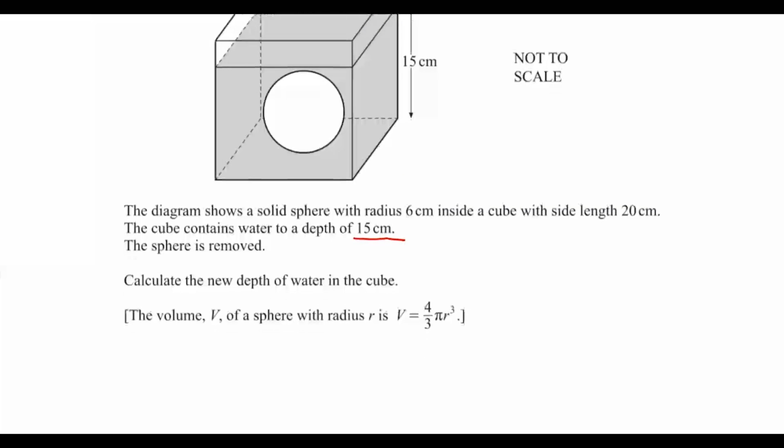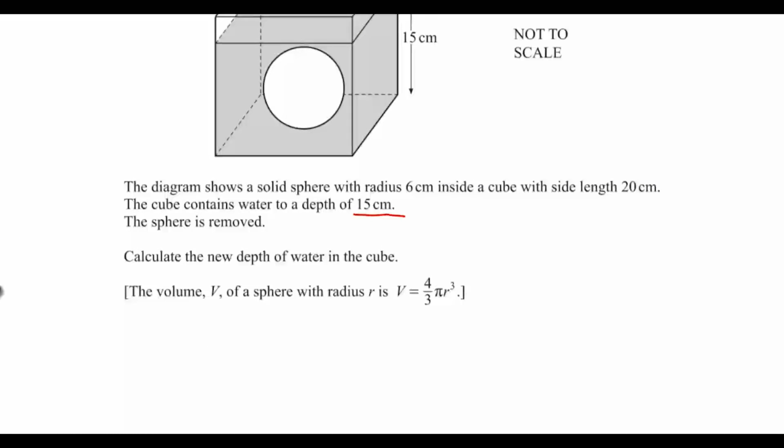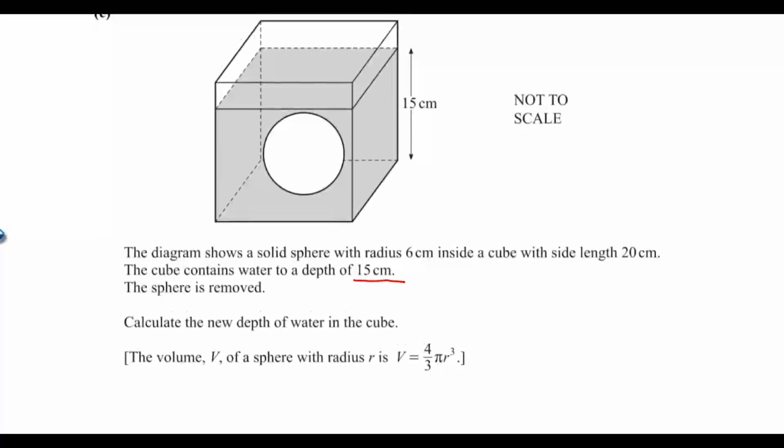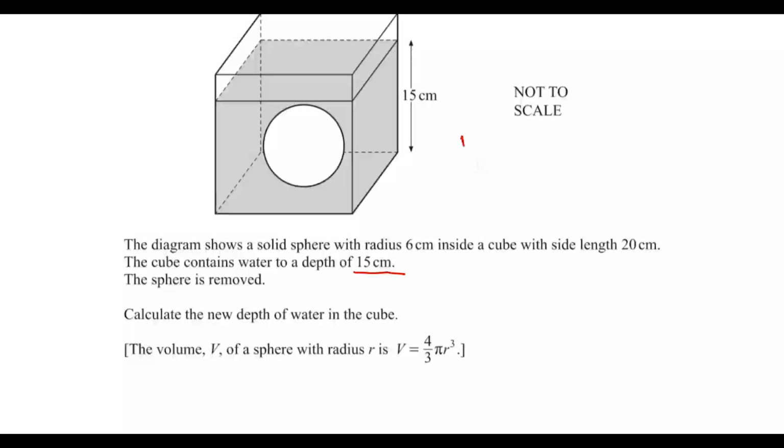The first thing we need to calculate is the volume of the water when the depth is 15 centimeters. We have 3 parameters here. Let me write it here. The length is equal to 20 centimeters. The breadth is also 20 centimeters.